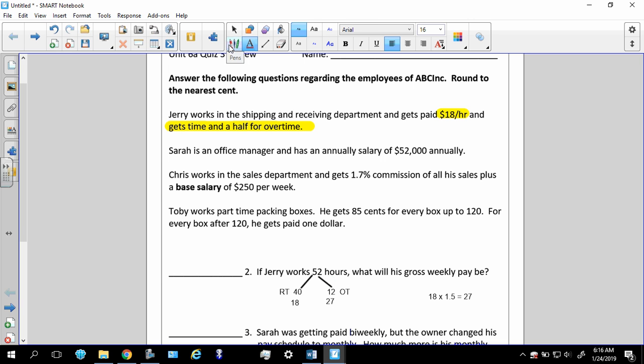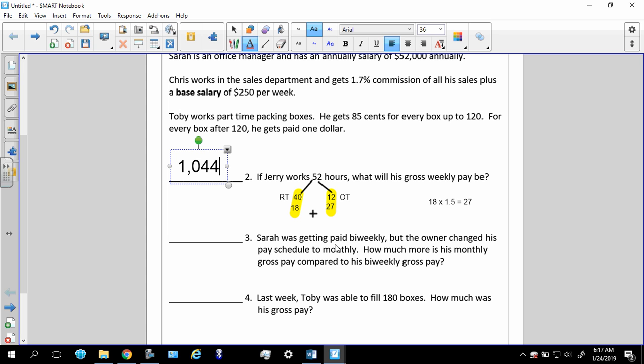All right? So if you remember, I'm going to take these two numbers and multiply them, and these two numbers and multiply them. And after I do that, I'm going to add my two numbers here, and my final answer ends up being $1,044.